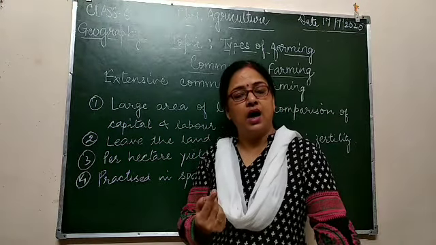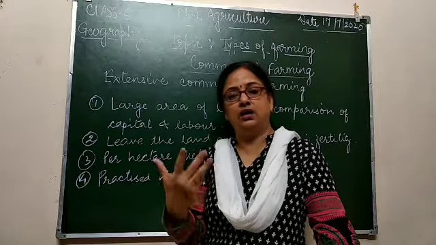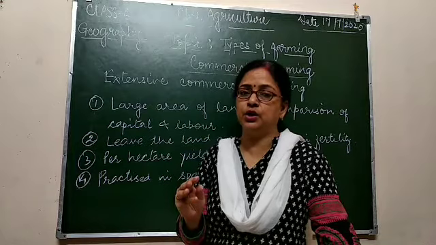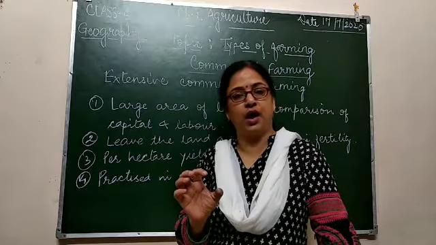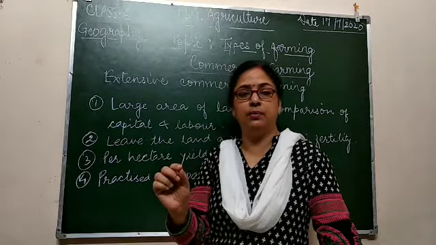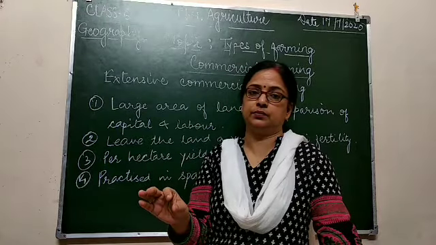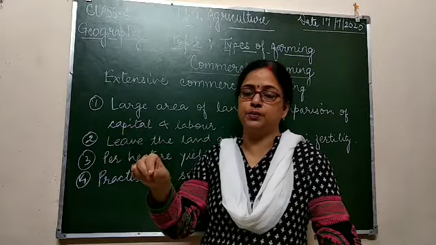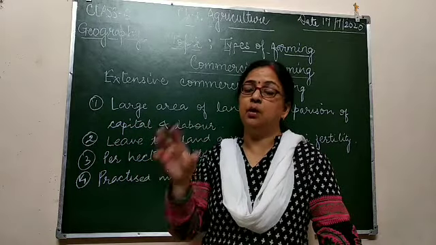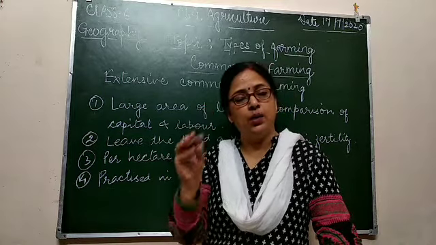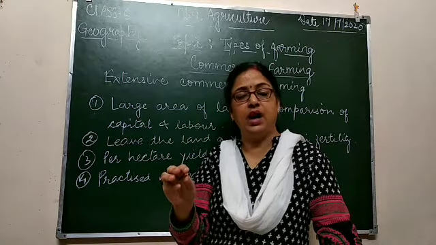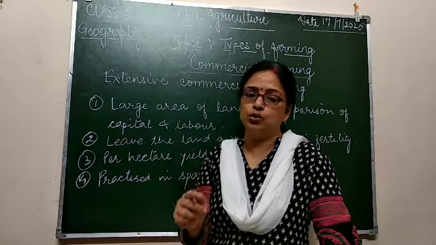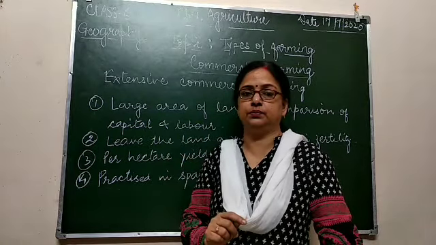Here the area of land is very large in comparison to the amount of capital and the number of labor employed there. The area they are using to grow the crops is very large, but they are investing less capital and the number of labor employed is also very less.